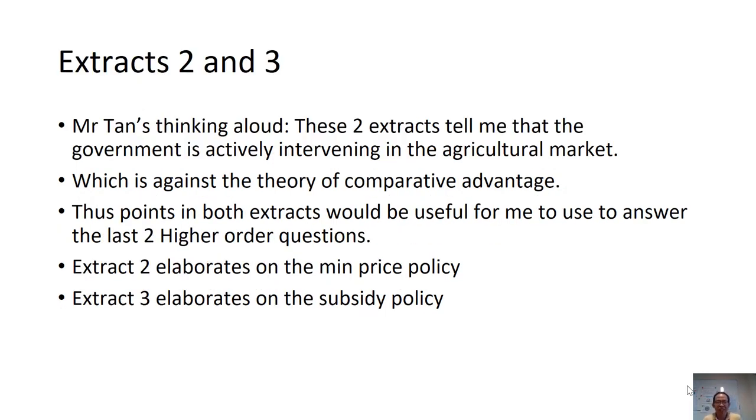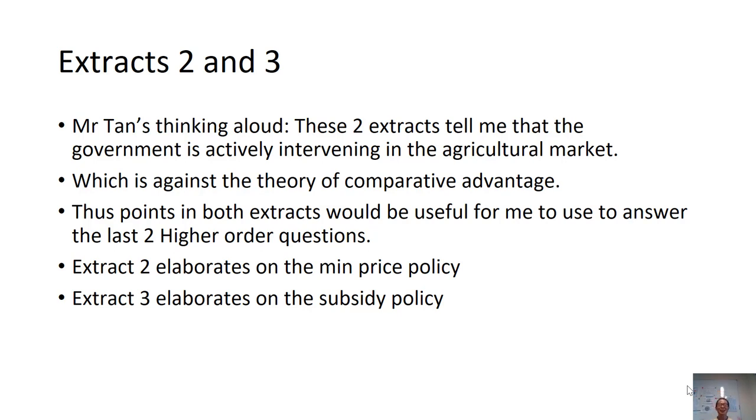Finally, extracts 2 and 3. As I read these two extracts, if I'm thinking aloud, what I'll say is this: these two extracts tell me one truth, that the Indian government is actively intervening in the agriculture market.